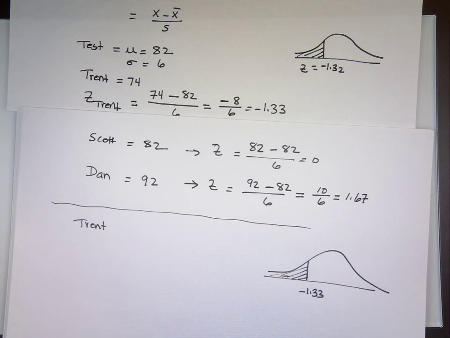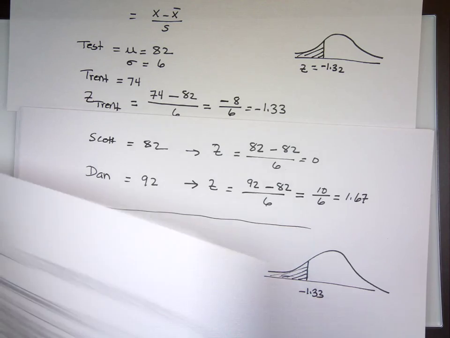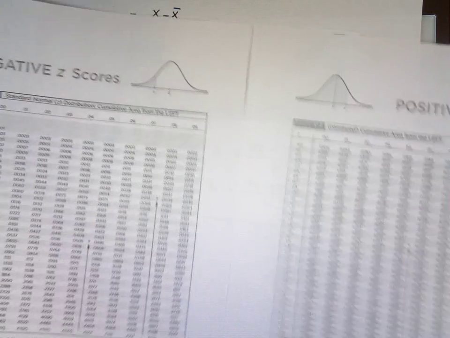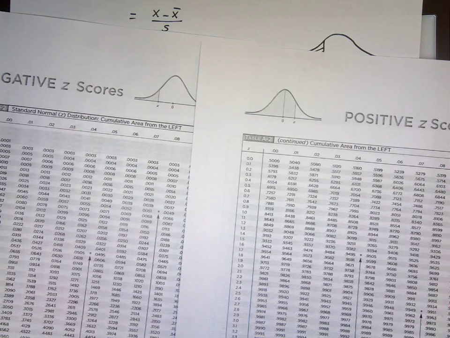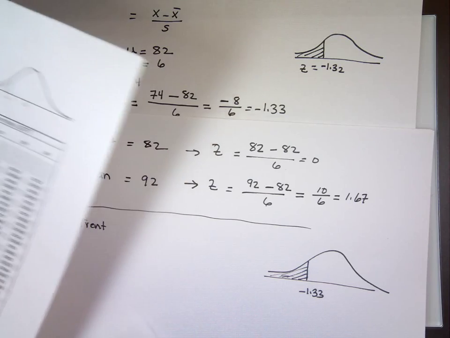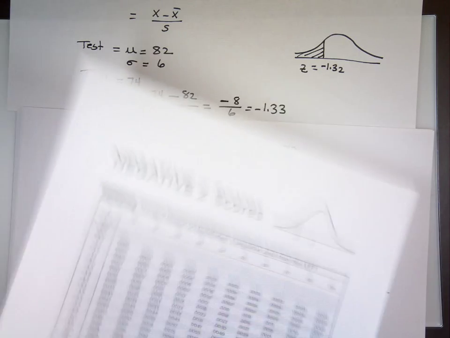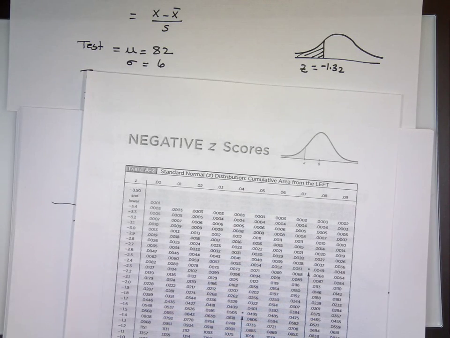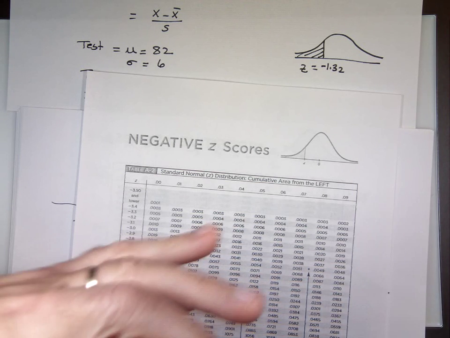You go down the z's to negative 1.3 and then go over to 3. First things first, guys, we need to know which one of these tables to use. We have positive and negative z-scores. Since Trent's score is negative, I have to look at this table. The handout I gave you has a front and back.